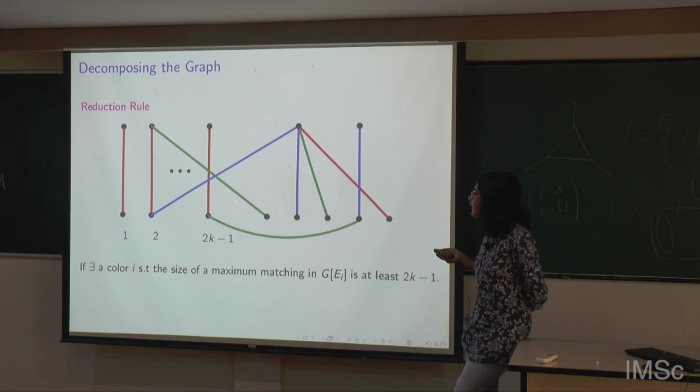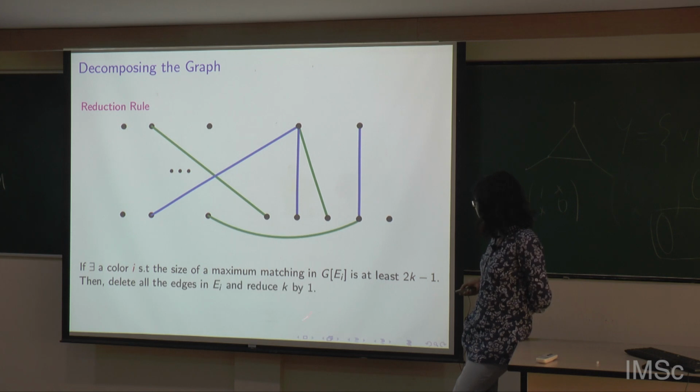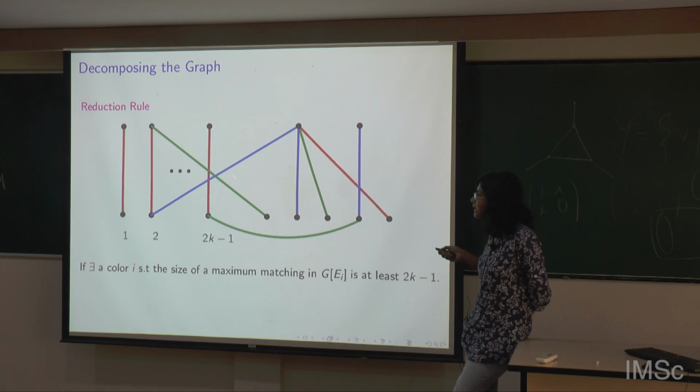So since there are 2k minus 1 edges here, and I'm looking for a k size solution, right? If I have one of the deleted edges, suppose I have, and I'm reducing k by 1, okay, so the parameter also reduces by 1. So essentially what I'm saying is that from this red color class, I'll always be able to pick an edge into my colorful solution. And why is that? Because I'm looking for a k-size solution.